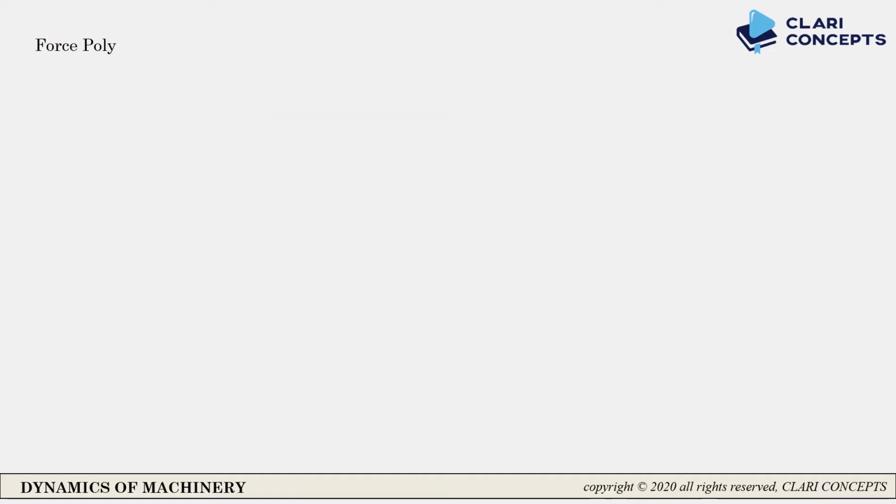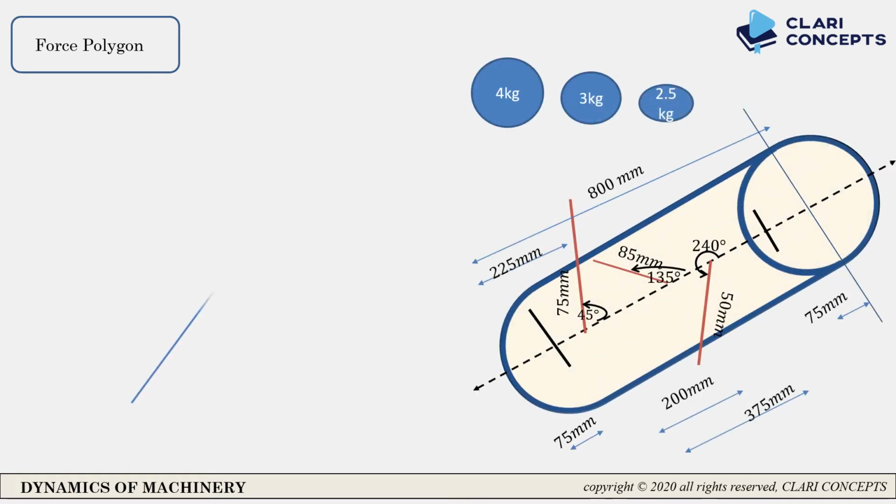So here in the force polygon, that condition also applies that your polygon should be closed. Here you can see I have drawn one arrow in the direction of mass m1, and this direction shows the centrifugal force produced in that direction, and the length of this arrow shows the force, which is m1 r1, produced by mass m1.